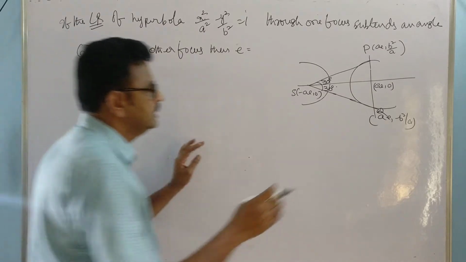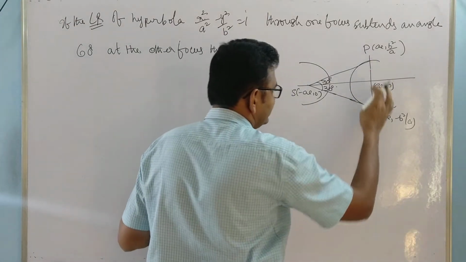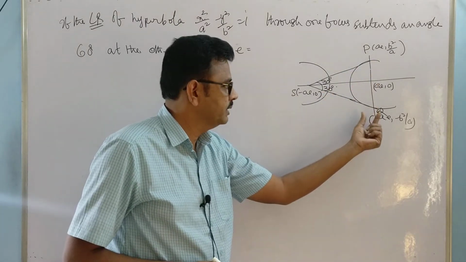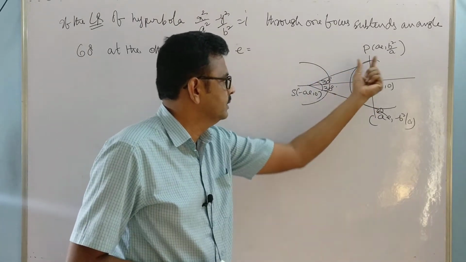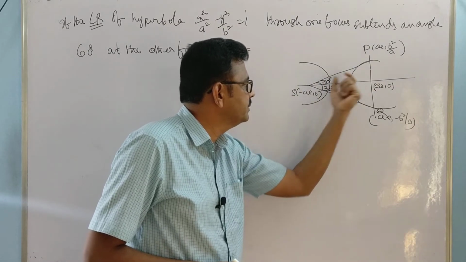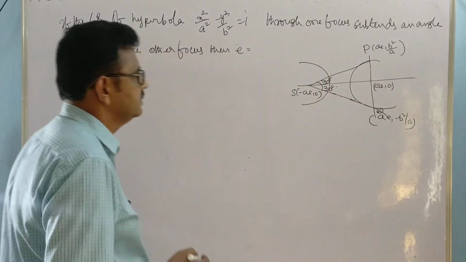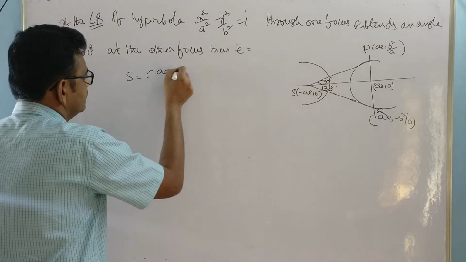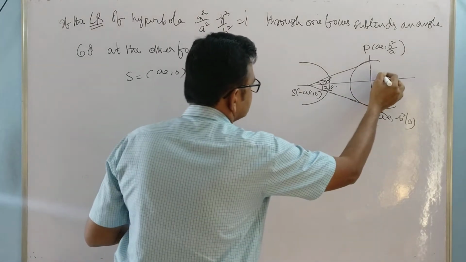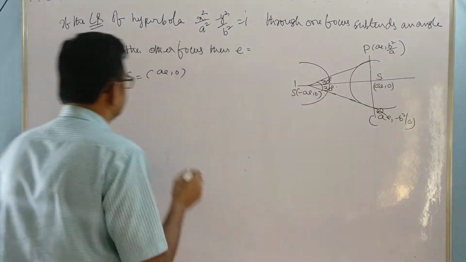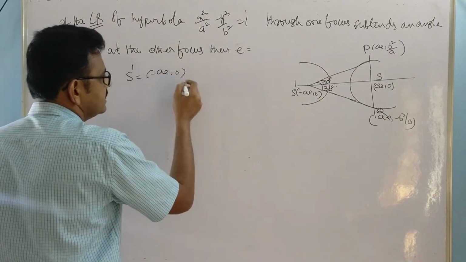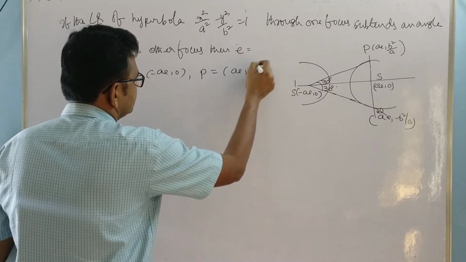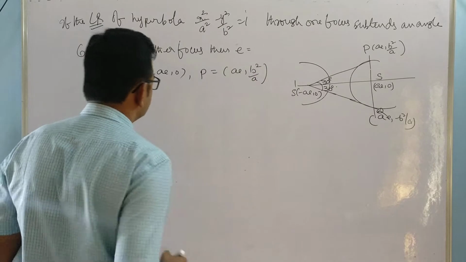Now P and Q are the end points of the latus rectum. What is the slope of S dash P? S has coordinates ae comma 0, and S dash has coordinates minus ae comma 0, and P is one end of the latus rectum, ae comma b square by a.